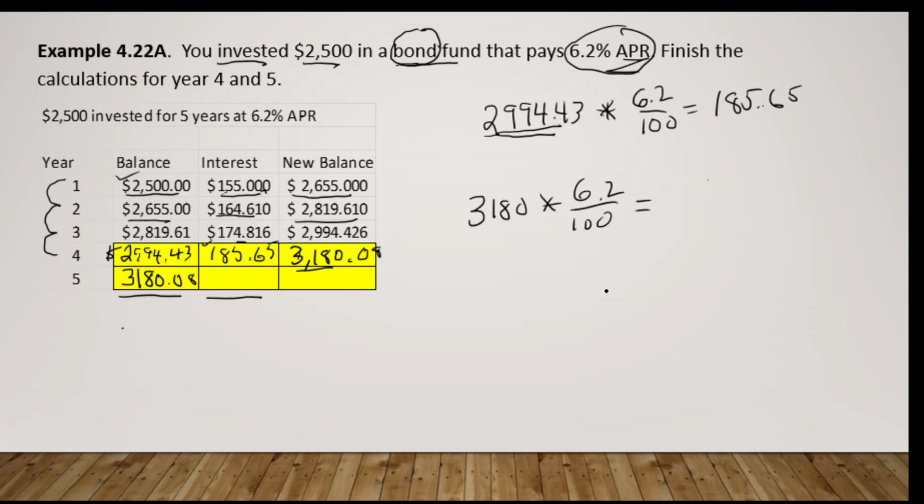I'm getting $190.80. So that can't be quite right. 3180.08 first of all. 3180.08 times 6.2 over 100. Always good to check your work, right? I'm getting 197.16.